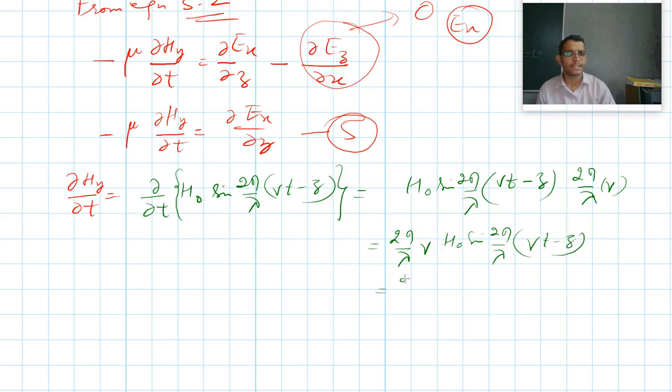So it can be written as 2 pi by lambda v into Hy.